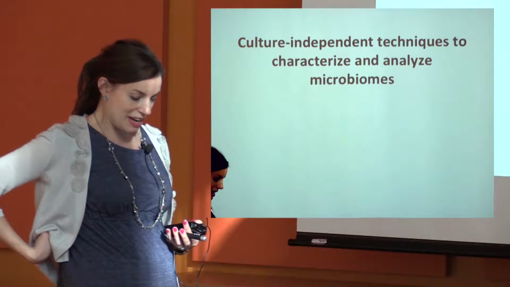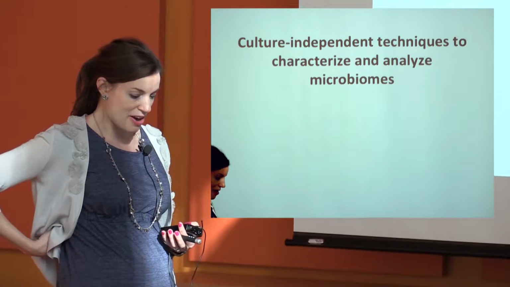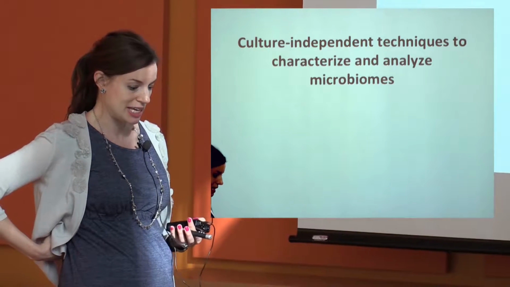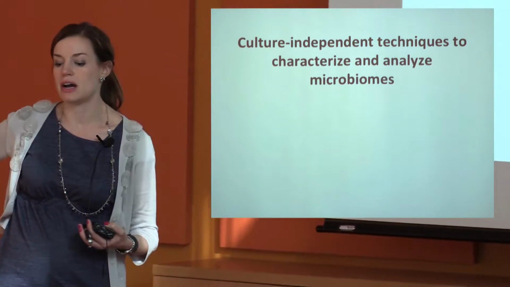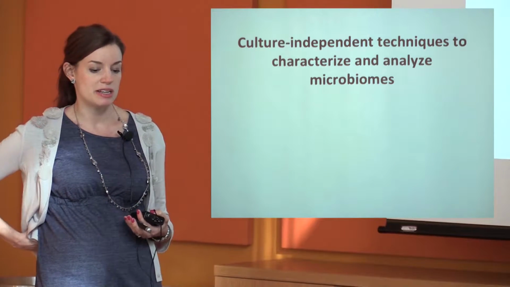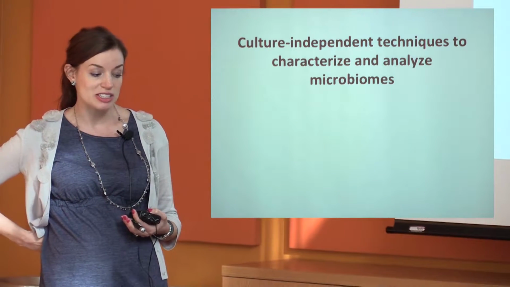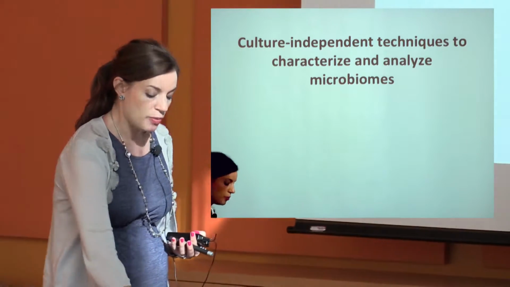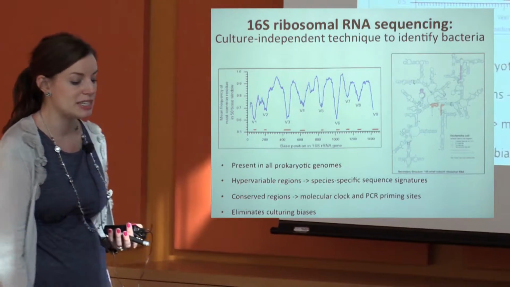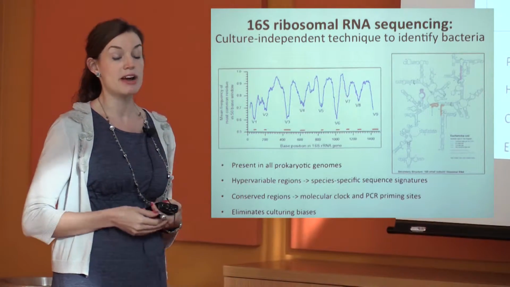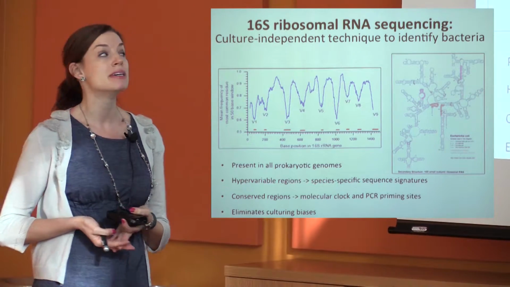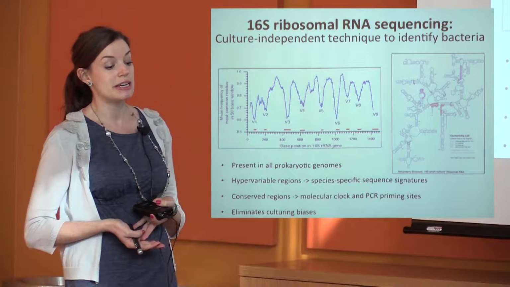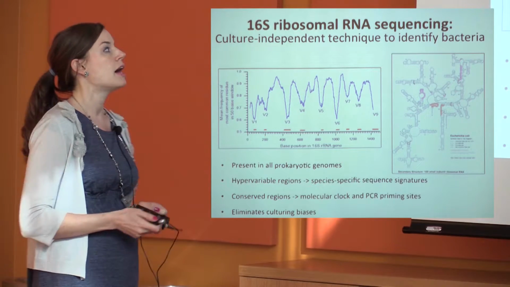What came along then was the era of DNA sequencing, and in the last 10 years there's been advancement in sequencing technologies. This brought the idea that you could characterize and identify bacteria without culturing them, based on their DNA sequence.